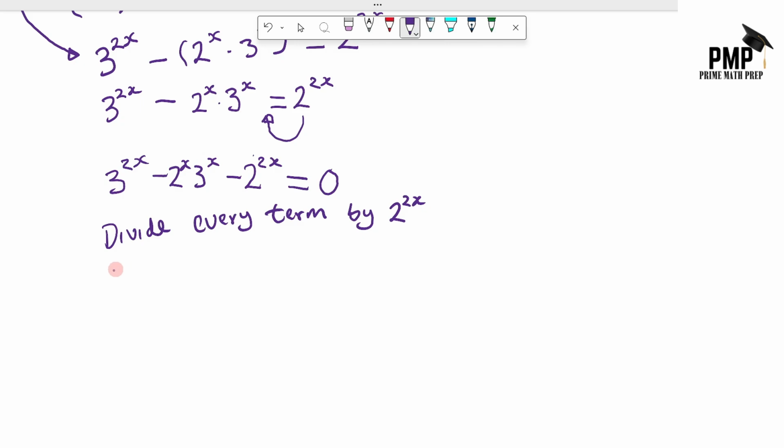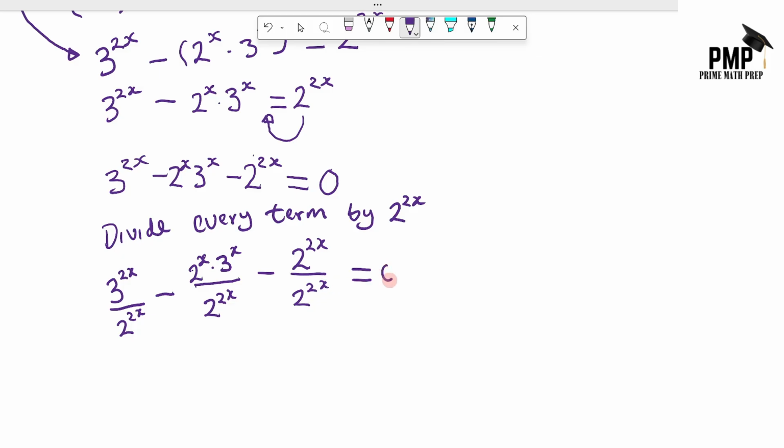So our equation will now become 3 to the power of 2x divided by 2 to the power of 2x, minus 2 to the power of x multiplied by 3 to the power of x divided by 2 to the power of 2x, minus 2 to the power of 2x divided by 2 to the power of 2x, all equal to 0.